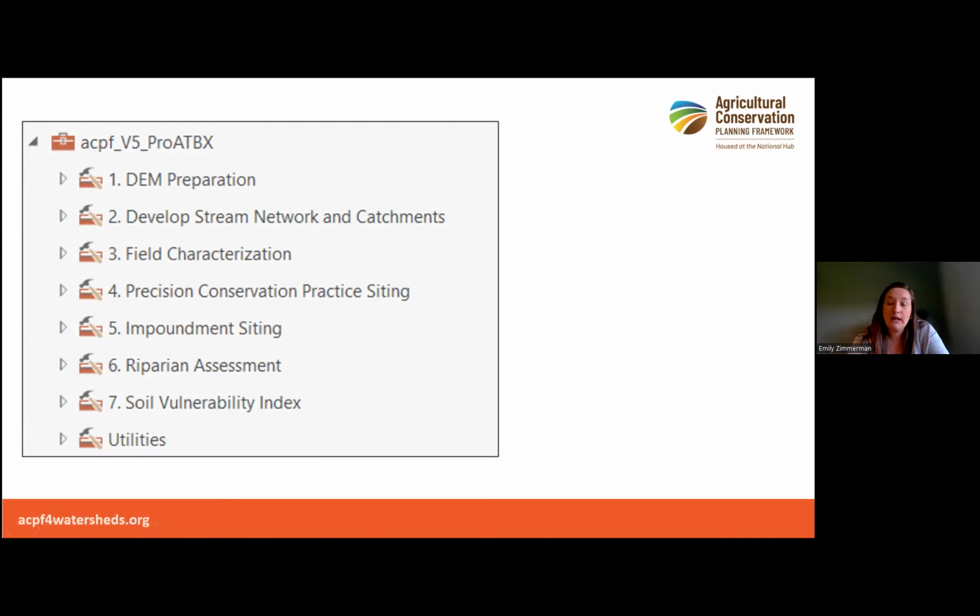And like Marcel mentioned, a lot of our resource concerns are directly related to where water flows on the landscape. So in these first two steps, we ensure water is flowing down, and then we identify where it concentrates. And that really sets us up for success to understand what's happening in our fields, and then where there might be opportunities to place conservation practices.